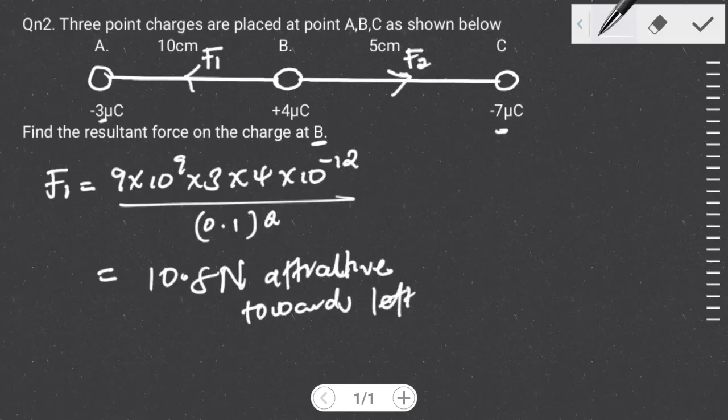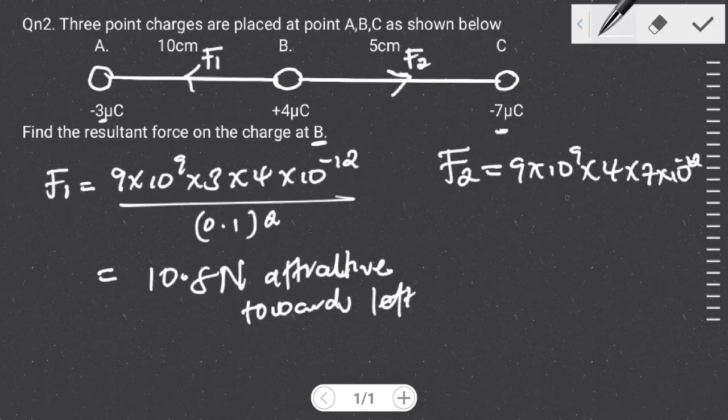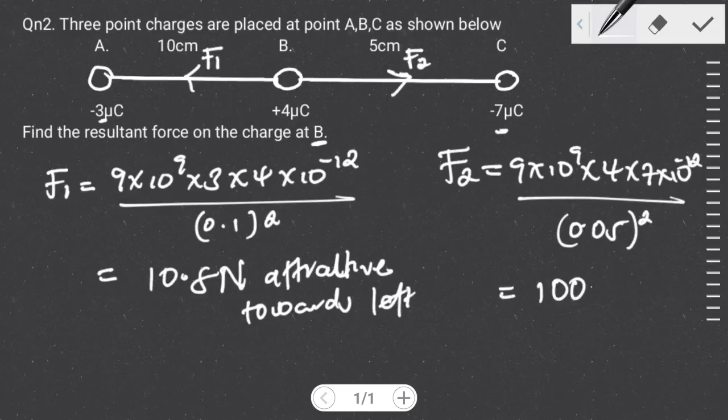Let's get the force 2. Force 2 would be equals to 9 times 10 to the power 9 times 4 times 7 times 10 to the power negative 12 all over the distance of separation between B and C, which is 0.05, but remember this has to be squared, and therefore my force 2 would be 100.8 newtons.